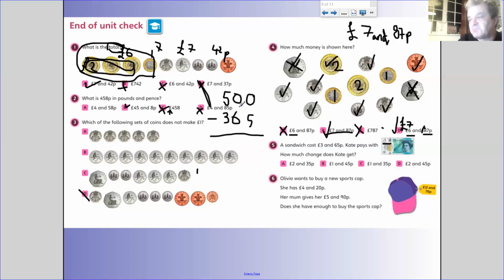I'm going to have to do something. I'm going to have to rename. I've got nothing in the tens column. So I'm going to have to go to the hundreds column. I'm renaming that 100 into 10 tens. Okay. Now I have to rename again one of those tens. That becomes 9.